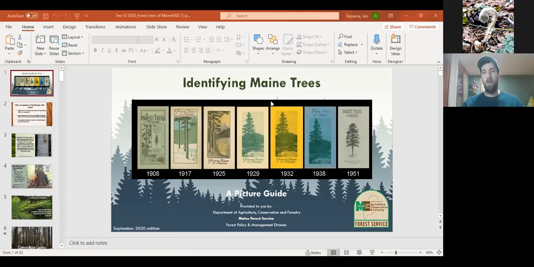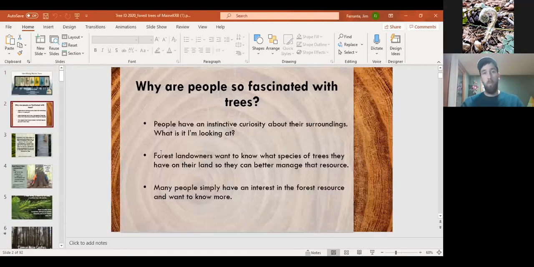Ideally, obviously, tree ID is always best done in person in the field. A few pictures on a slide don't really do justice to being able to look at the whole plant in real life. So why do people want to know what trees are? I think humans are just instinctively curious.